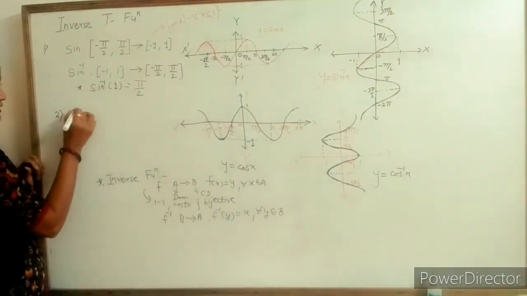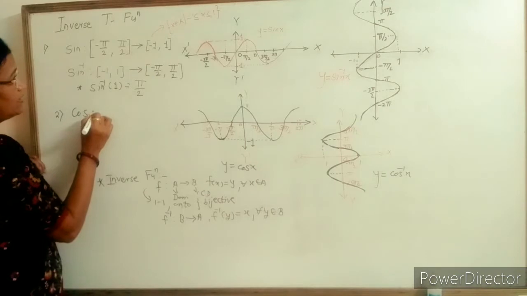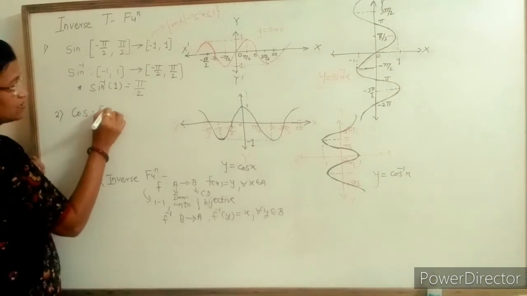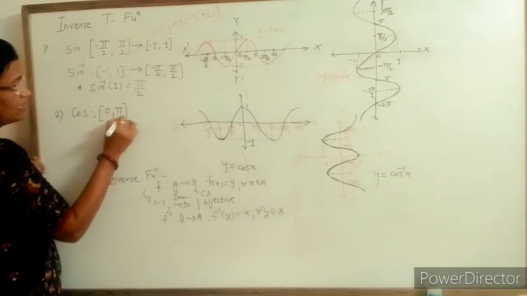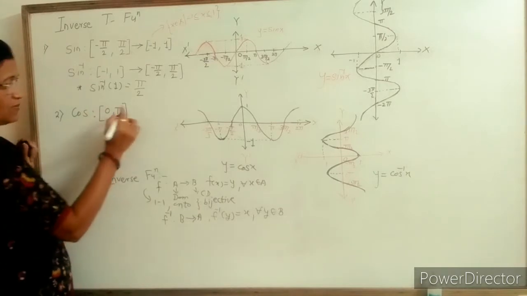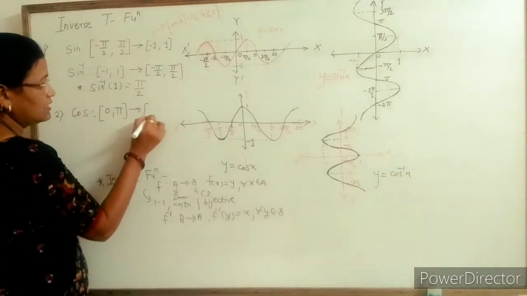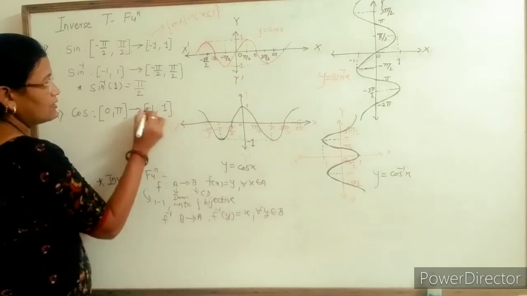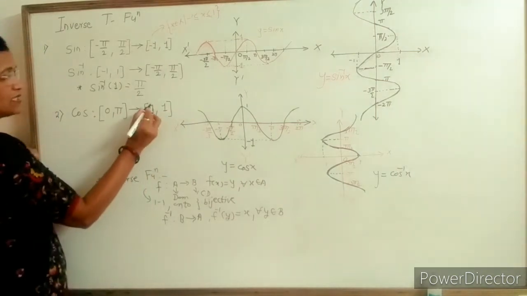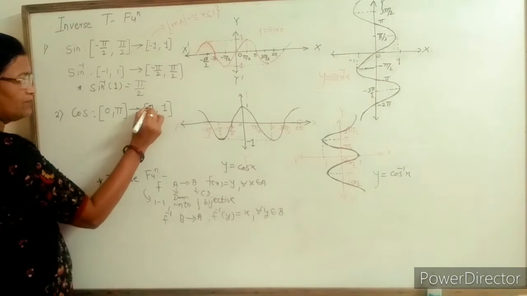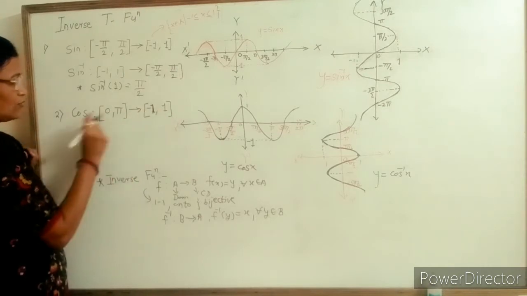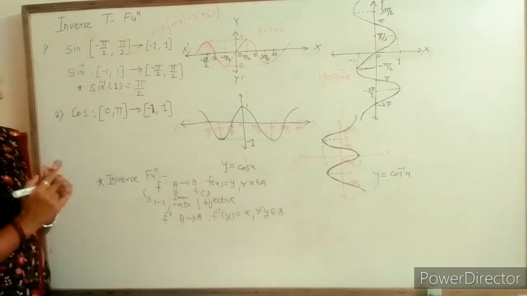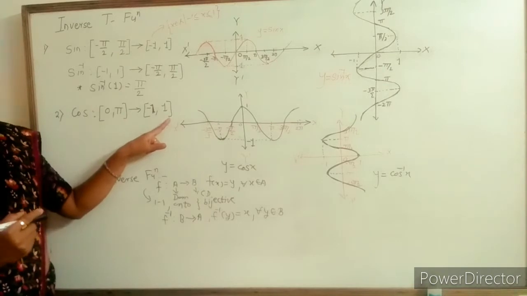Before this, you know that the cos function can be defined on the closed interval 0 to pi, because cos 0 is 1, but cos pi is -1. So here again the range of the cosine function is -1 to +1. For any measure of angle, the cosine of that angle lies between -1 to 1.